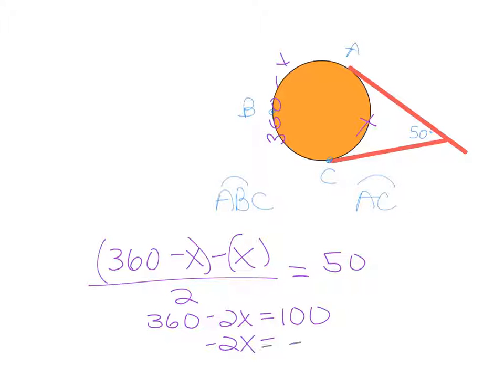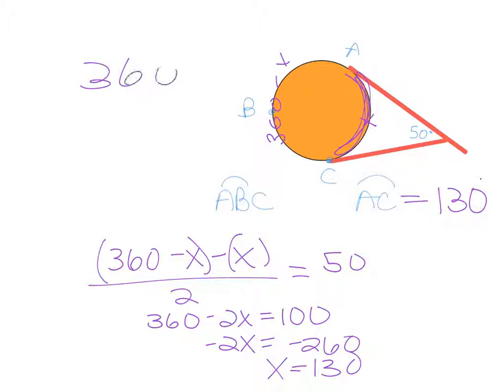Negative 2x equals negative 260, and x would equal 130. So that's this arc, which is arc AC, which tells you that arc ABC would be 360 minus 130, which is 230. How many of you got it right?